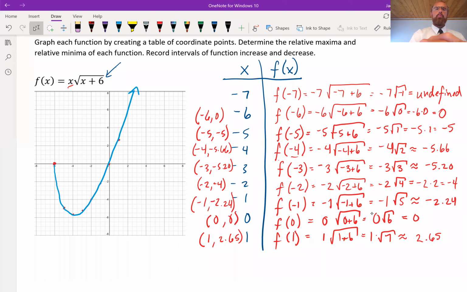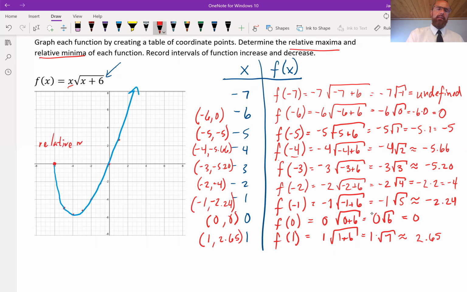At this point, we want to identify any relative maxima or relative minima of the function. So definitely we can see that this end of the fishhook is for sure a relative maxima.